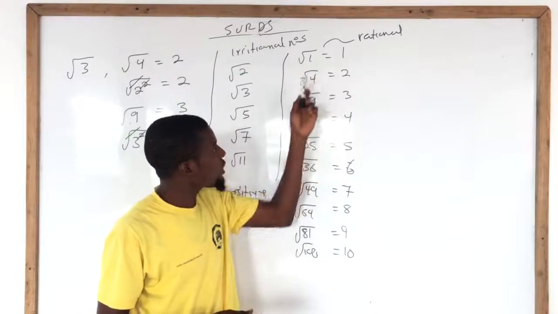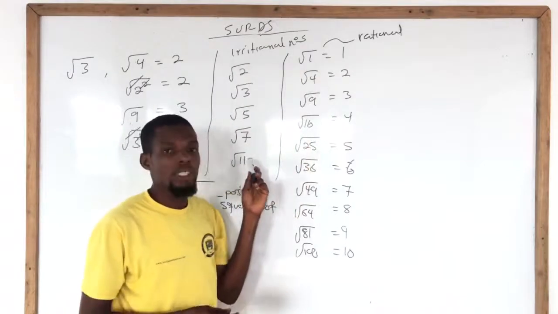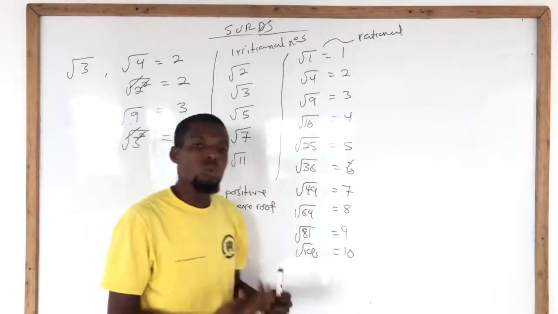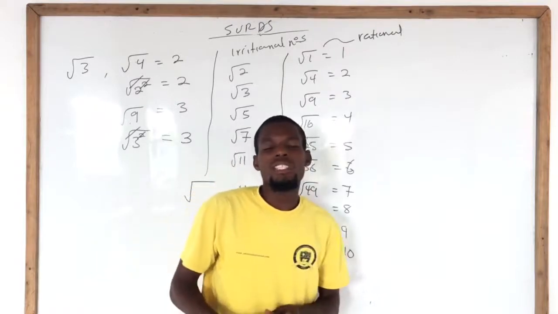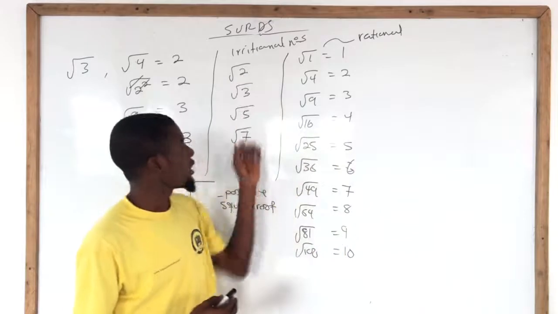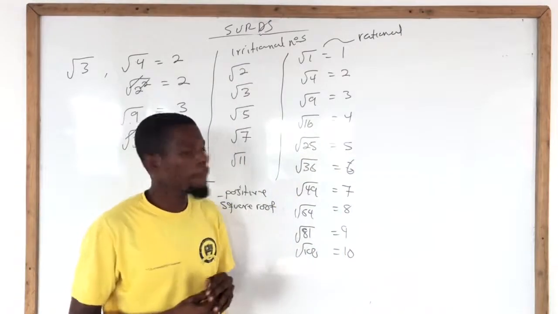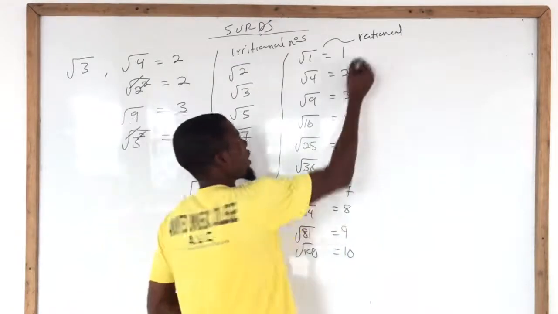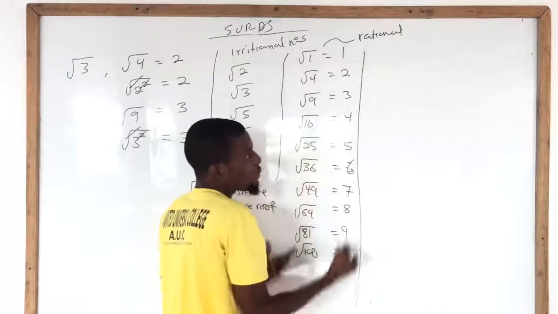You realize all these ones are prime numbers. So whenever you have a square root of a prime number, then we say it's what? A set. Are you getting it? So all these ones are what? Sets. Okay. All right. So let's look at how we can reduce set.